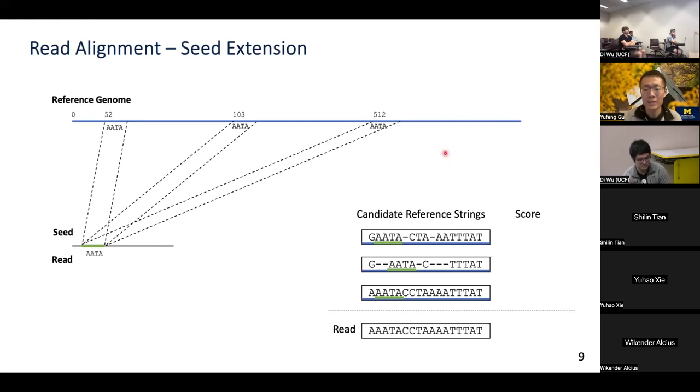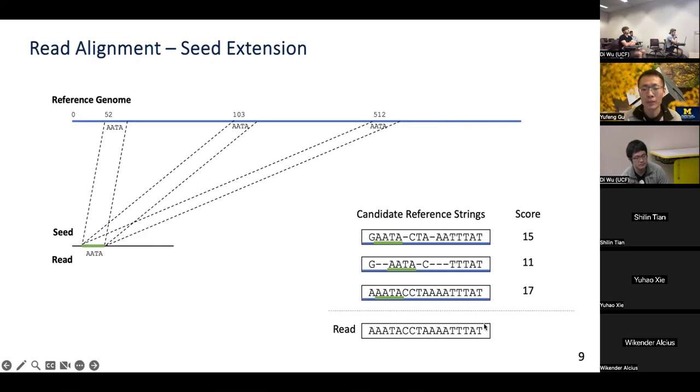When we extend the seed from both directions, we evaluate the quality of this extension and give it a score. For example, in these three different locations, when we look in both the left and right directions and compare the reference and the read, we use this score to evaluate how different they are.